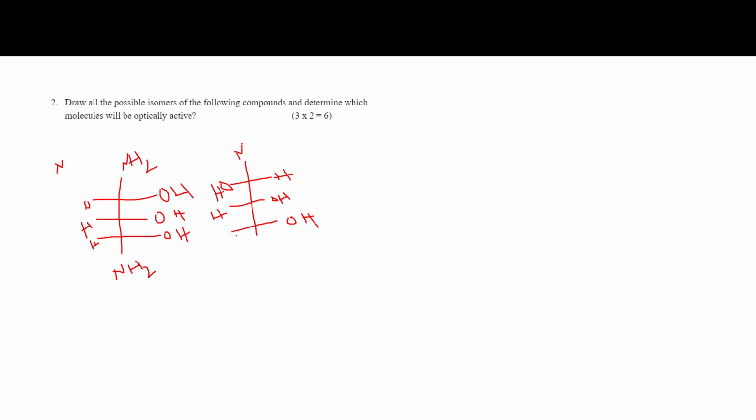Change 2. Now another one we can draw where the second one we change, and the first one remains the same.